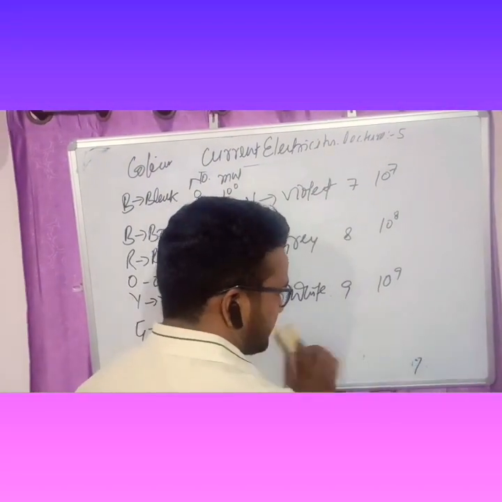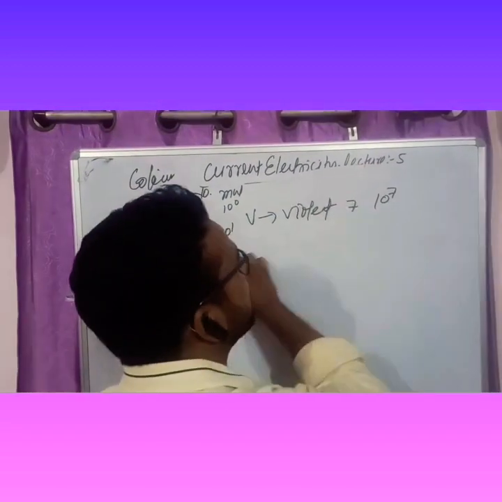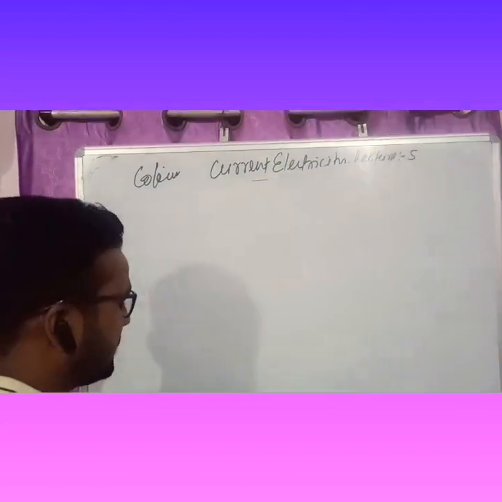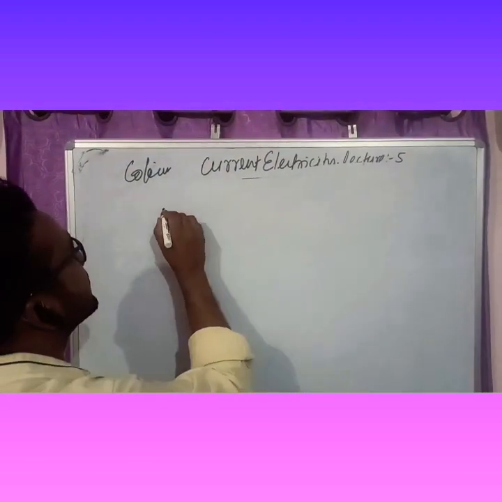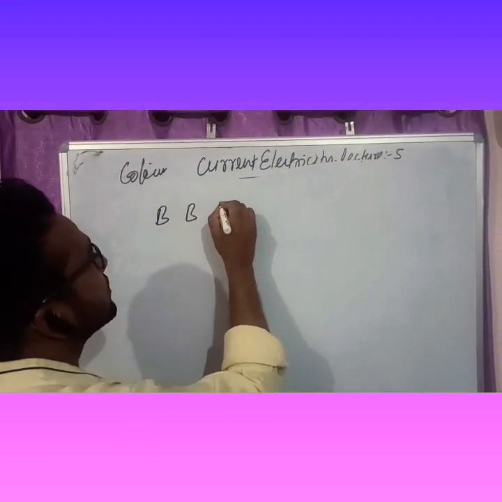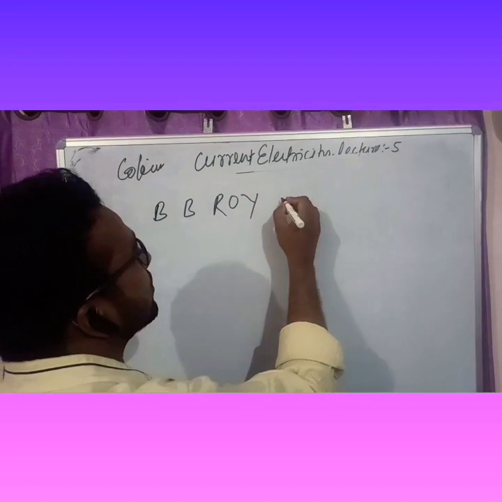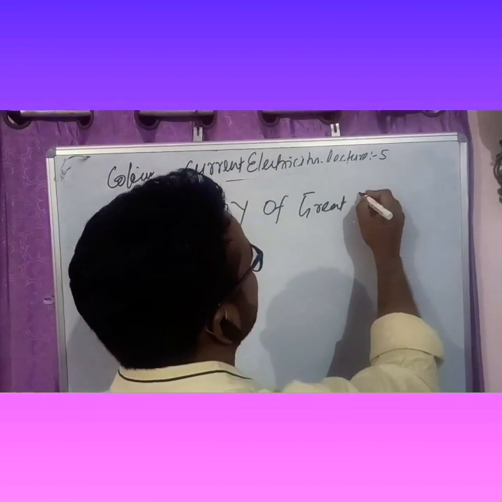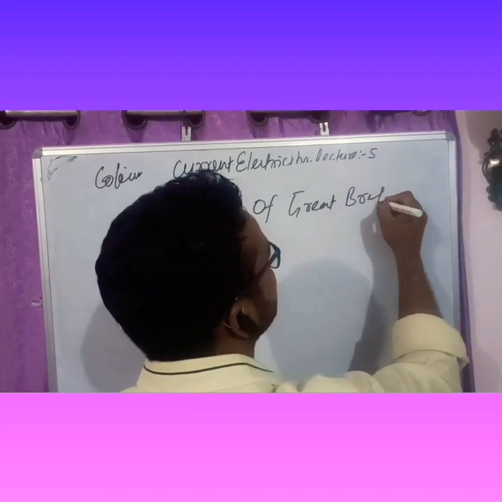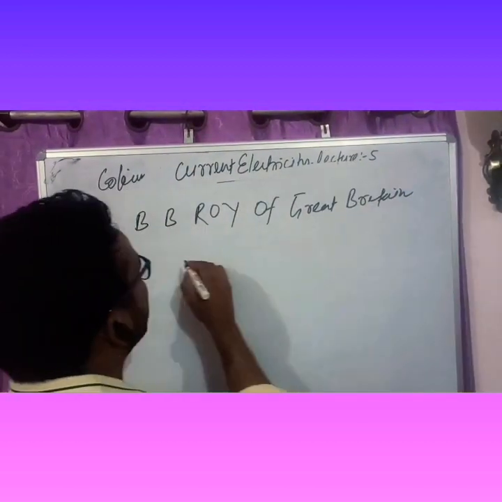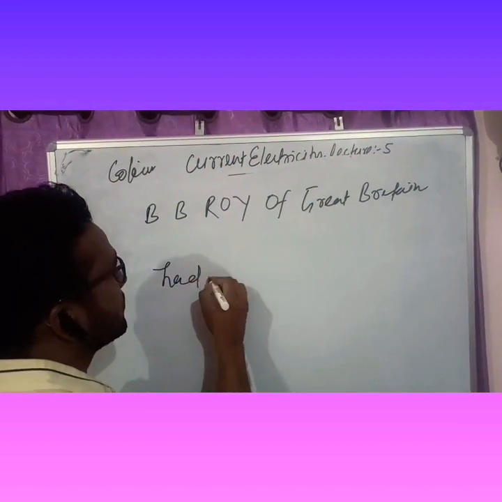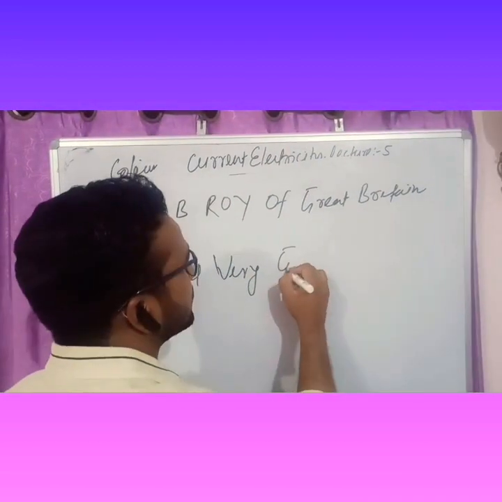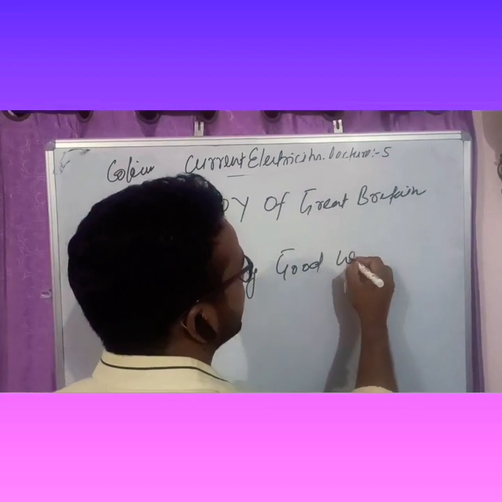Now we have a very simple way to remember this coding. Simply we can write here: B B ROY of Great Britain had a Very Good Wife.